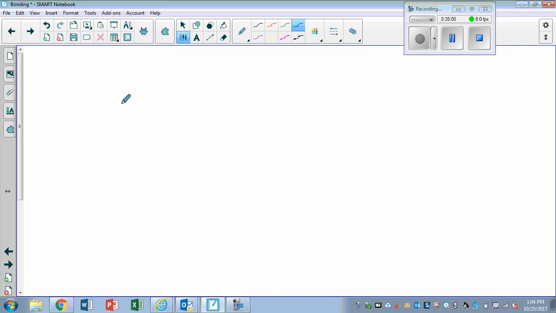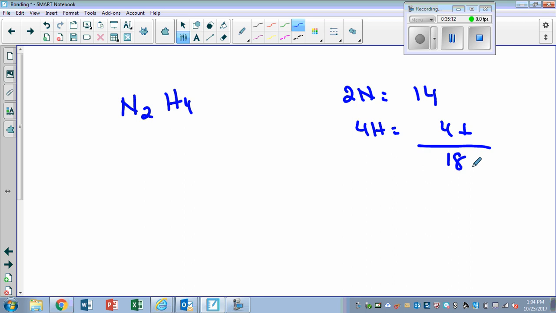Another combination could be N2H4. So 2 nitrogens bring in 10 electrons, 4 hydrogens bring in 4 electrons. That makes it 14 divided by 2. This is 7 pairs. As I said, if you have more than 1 atom of nitrogen, I'm going to chain it. So here goes the chain. Then I have 4 hydrogens.